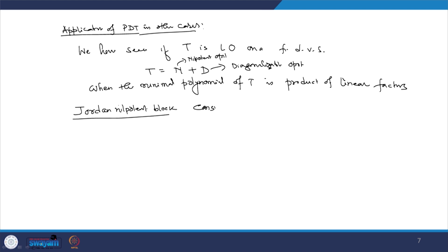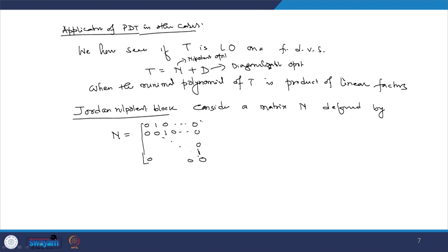Consider a matrix N defined by N equal to 0, 1, 0, 0, 0, 0, 1, 0, and so on. So, the diagonal entries are 0, the superdiagonal entries are 1.